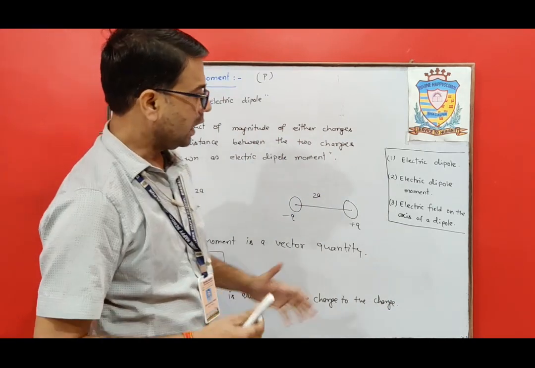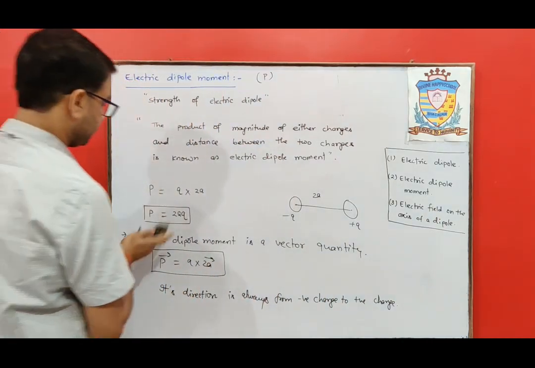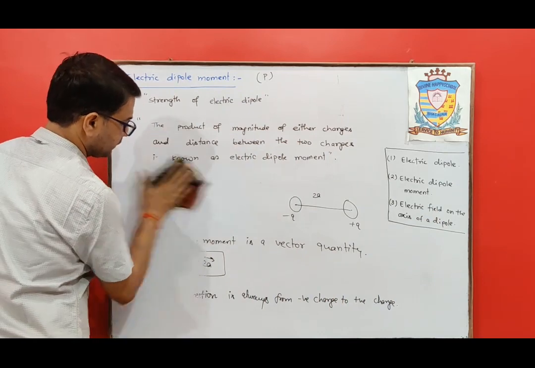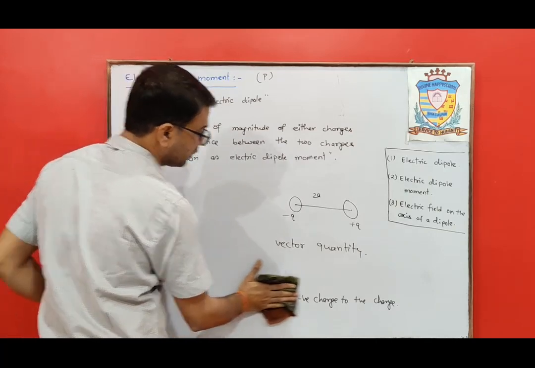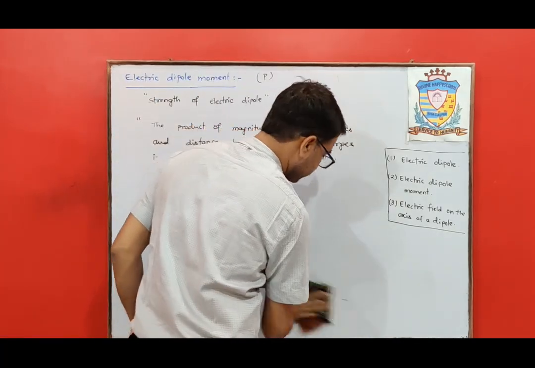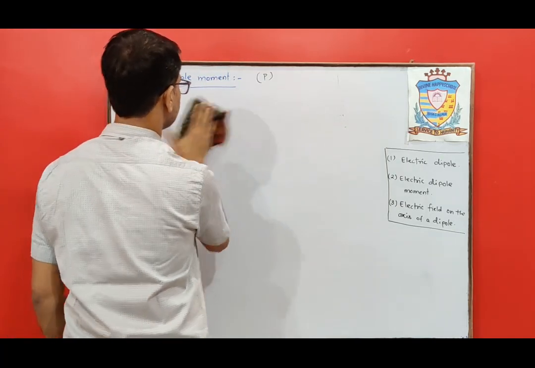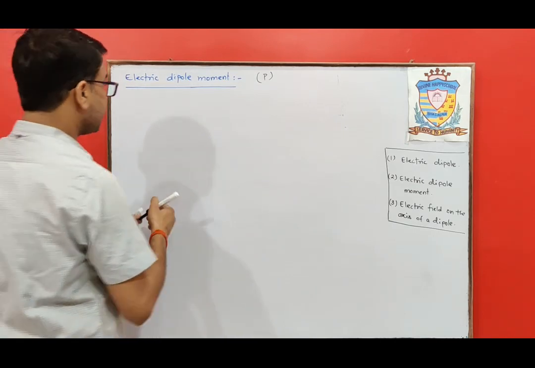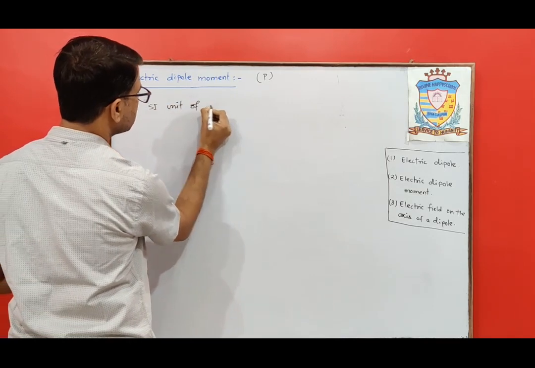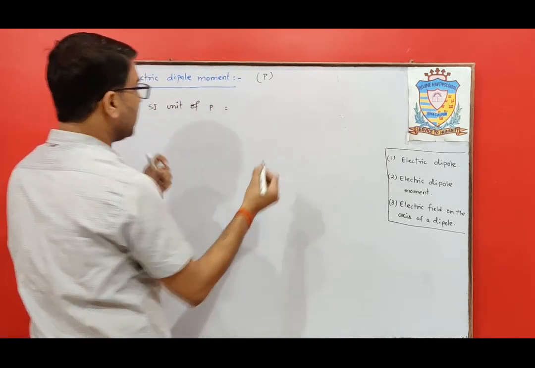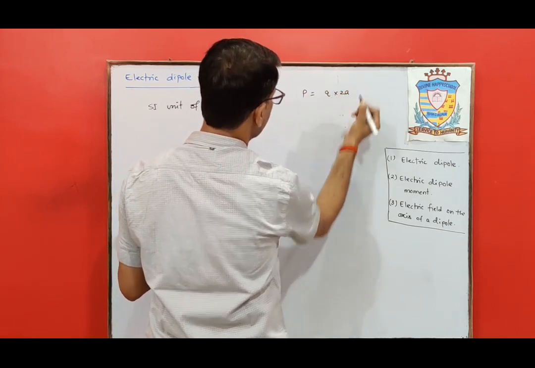Next we will find the electric field on the axis of a dipole. Oh, sorry. First we will find out the unit and dimension of this electric dipole moment. So the SI unit of P: P is equal to q into 2a.